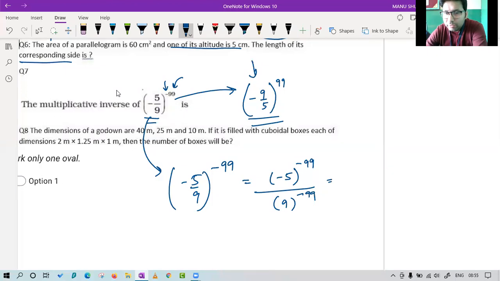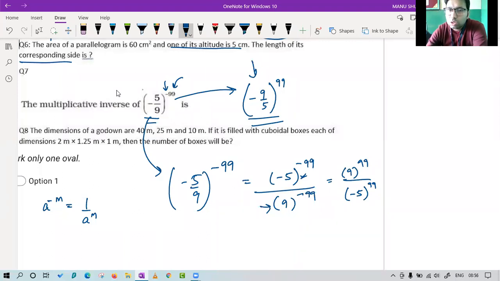Now, what will happen? To make the powers positive, we have to reverse, because we have studied that a power minus m is equal to 1 upon a power m. So I can write this in the denominator and this in the numerator like this: 9 power 99 upon minus 5 power 99. Is this fine? I am not finding the multiplicative inverse right now. I am just trying to write the number in positive power, because negative power is an illusion for us.